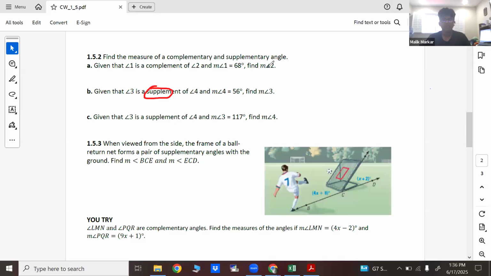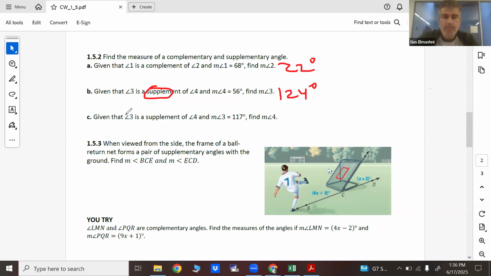Okay. So if angle 1 is 68, then angle 2 is 22. But for supplement, if angle 4 is 56, then that's 124. And again, supplement, that's going to be 63 degrees. Then here, the frame of a ball return forms a pair of supplementary angles with the ground, BCE.